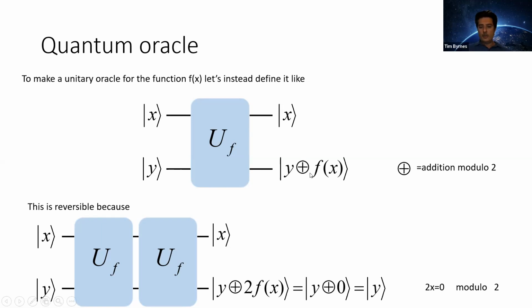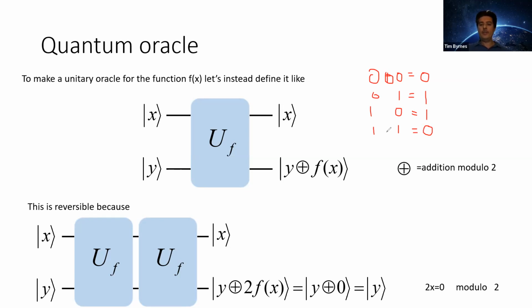This thing here is like addition, but it's addition modulo 2. Essentially, addition modulo 2 is something like: 0 plus 0 is 0, 0 plus 1 is 1, 1 plus 0 is 1, and 1 plus 1 is 2, or in binary it's 1 0, but we just look at the lowest digit.